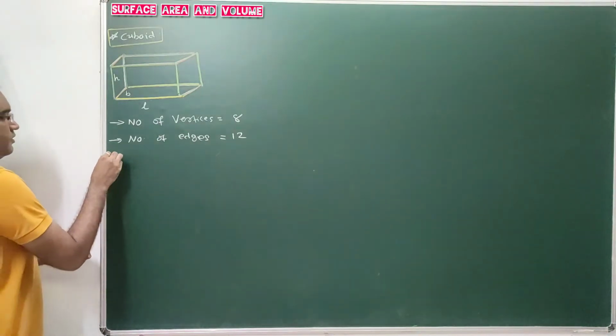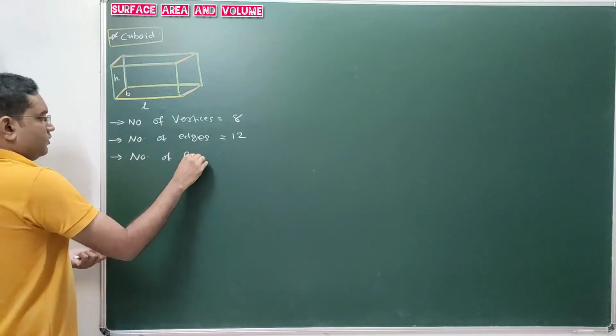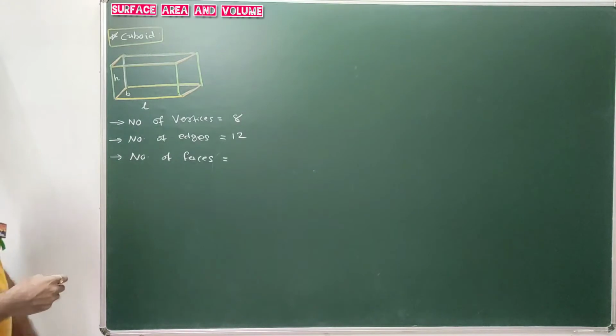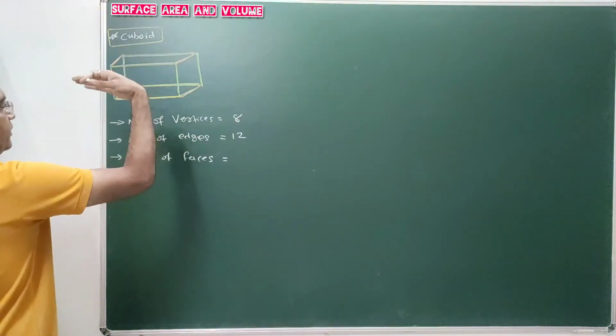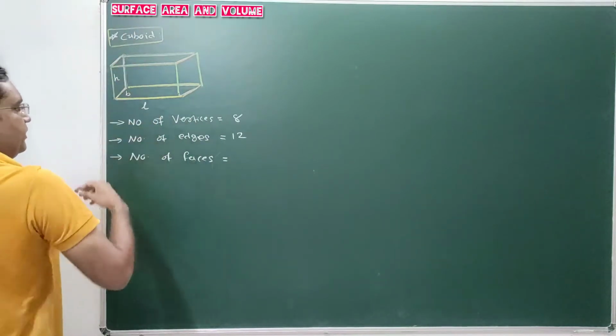Number of faces. How many faces are there? In this cuboid, a total of 6 faces are there: front, back, right, left, top and bottom.